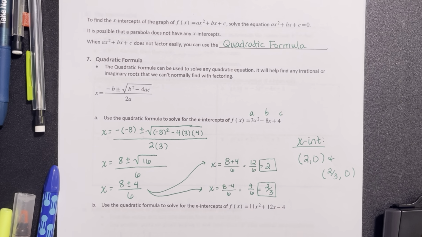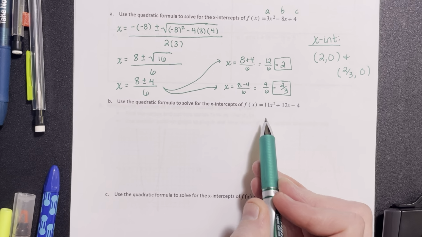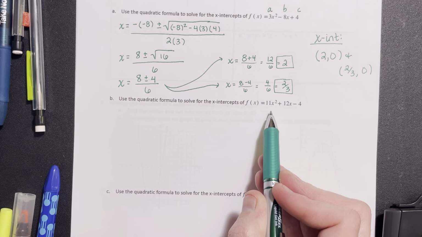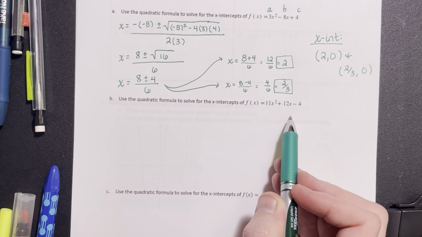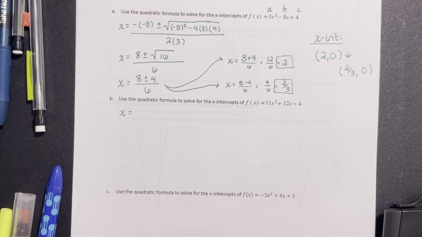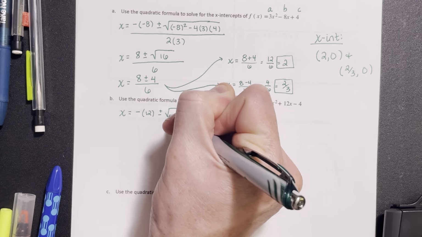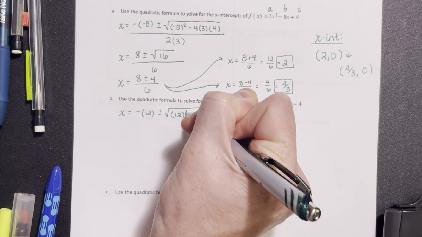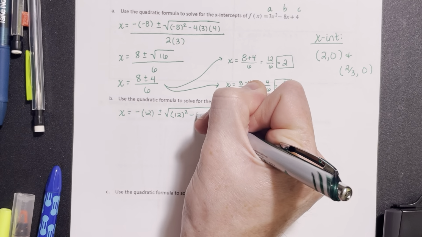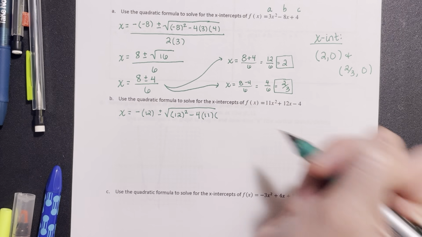They're not always nice coordinates, but in this second example, in part B, we have 11x squared plus 12x minus 4 as our function. If I use the quadratic formula to find those, negative b would be negative 12, plus or minus the square root of 12 squared, b squared, minus 4ac, so minus 4 times 11 times negative 4.